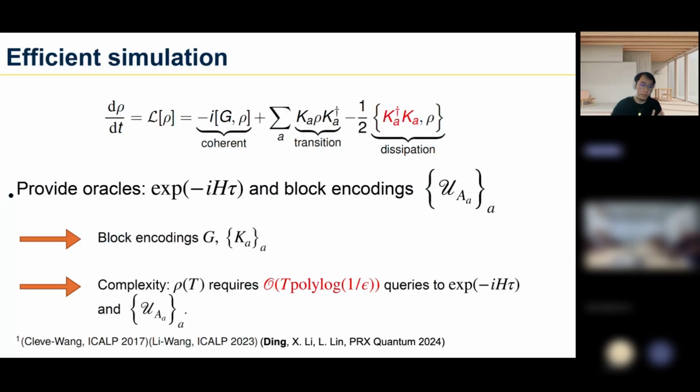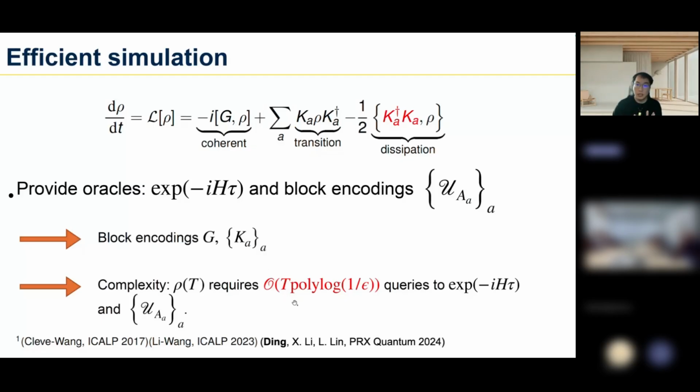So the rough complexity to solve the Lindblad dynamics up to time capital T scales almost linearly in the simulation time capital T and polylog in 1 over epsilon. So here there is almost no system size dependence. And this epsilon is the simulation accuracy we require.